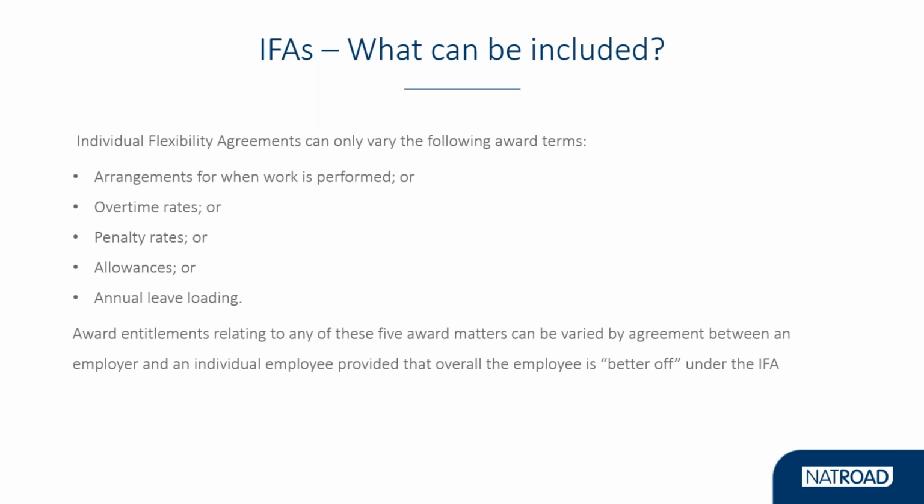So in actual fact, what we can construct is a single rate which takes into account, if there is overtime work which forms part of it, if we want to include the annual leave loading rather than having to worry about that at other times, the travel allowance under the Transport and Distribution Award, other allowances, we can include those within the IFA.